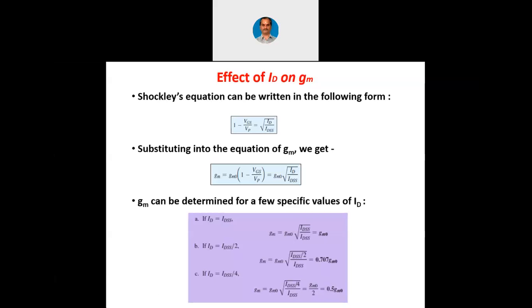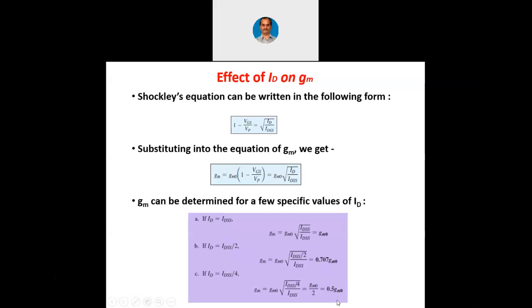Now you can recall how we applied the Shockley's equation and how we had 0.5 VP corresponding to IDSS by 4. When VGS was 0.5 VP, it was corresponding to IDSS by 4. Here also we can see that when ID is IDSS by 4, GM is 0.5 GM0. What does it mean?